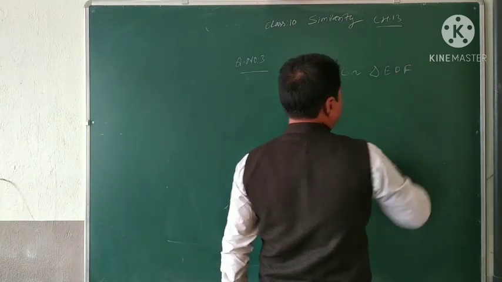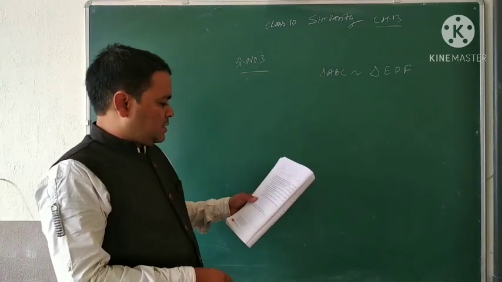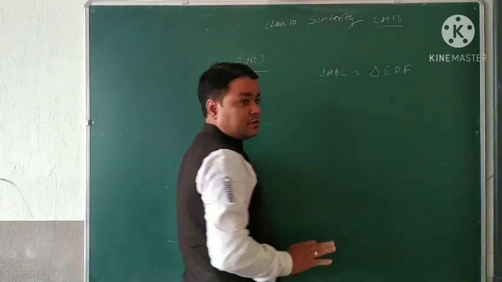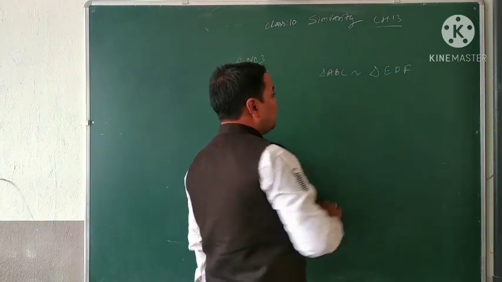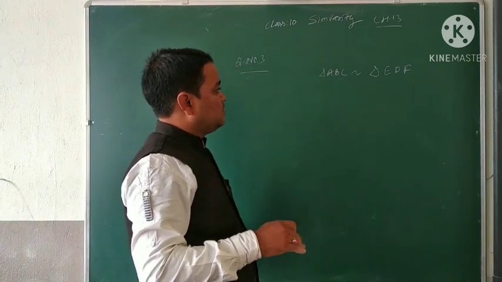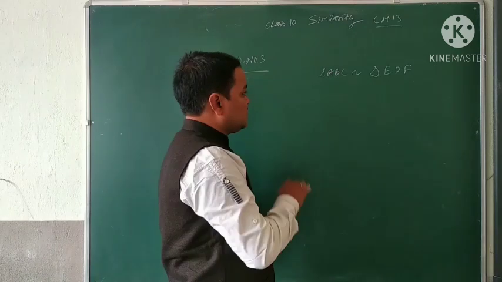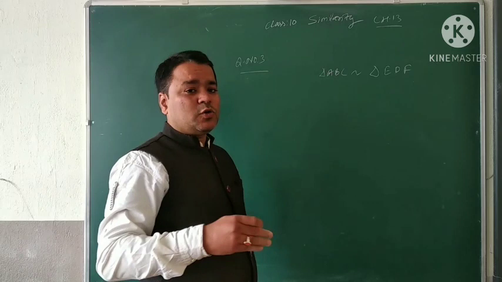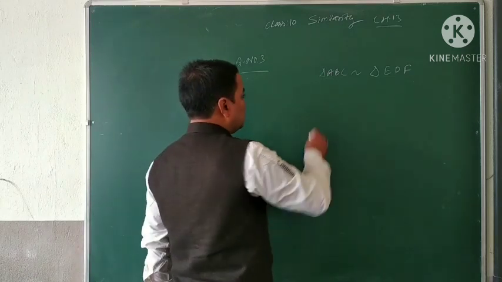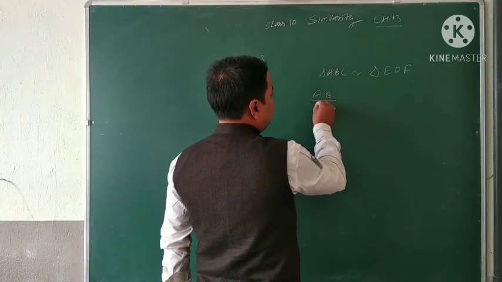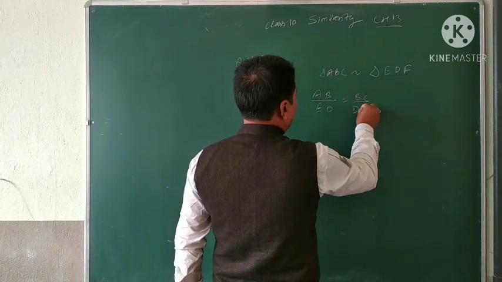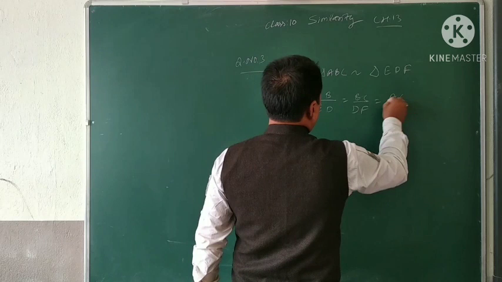If they are similar, then the angles will be equal: angle A will be equal to angle E, angle B will be equal to angle D, and angle C will be equal to angle F. The ratio of their corresponding sides will also be equal. It means AB upon ED is equal to BC upon DF is equal to AC upon EF.